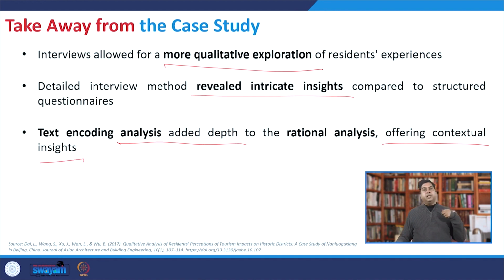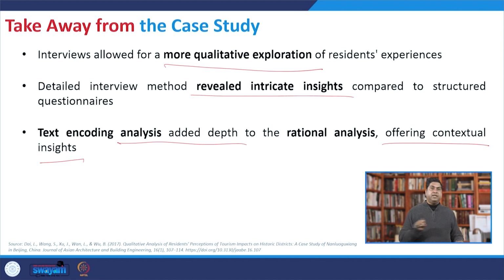So, like that you can conduct this kind of study for such a historical area, historic core, or maybe something like a heritage-predominant area, and there you try to understand how you can take the people into confidence, whether they are really happy with such development or not.